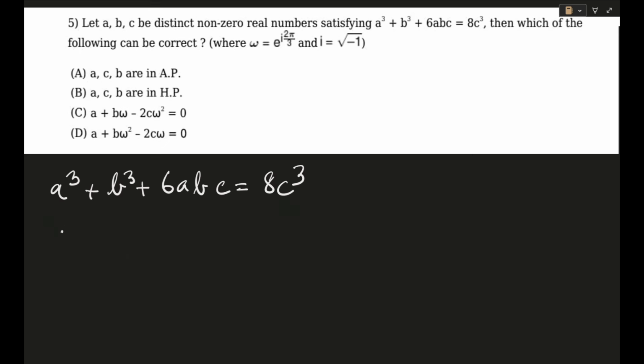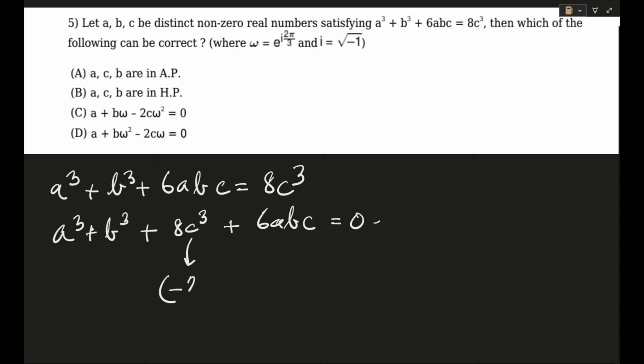So first thing guys, let's do one thing. Taking this to the left hand side, this will become a cube plus b cube plus 8c cube plus 6abc equal to 0. Now if you see carefully, this thing is nothing but minus 2c whole cube. Wait, this is not plus, actually this is a minus.